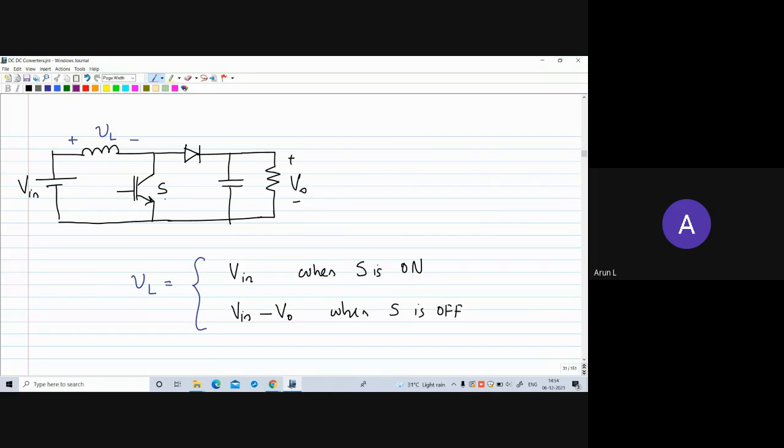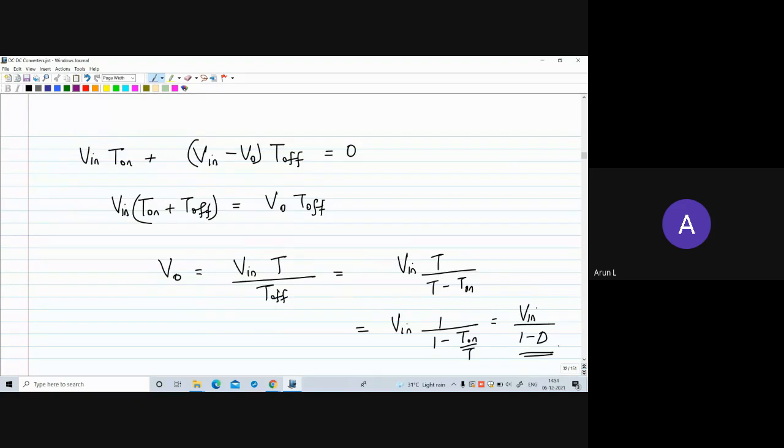When the switch is on, this path is directly closed, so whatever the input voltage is, that will appear across the inductance. When the switch is off, the diode will be conducting, and the voltage across the inductance will be input voltage minus output voltage. This voltage is the output voltage. Then we can apply volt-second balance, and we can show that Vin by 1 minus D is the input-output relationship.